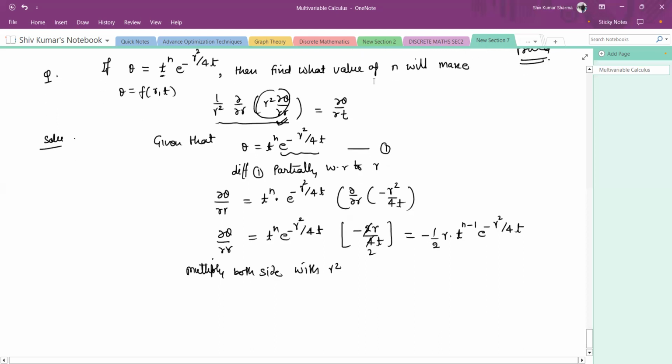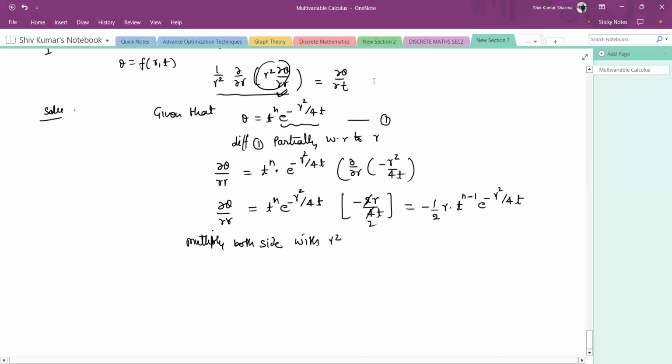When we multiply both sides with r square, this gives us r square del theta upon del r is equal to. Here we multiply the RHS also, so it gives us r raised to power 3, because we have one r here and we multiply by r square. So r raised to power 3 into t raised to the power n minus 1 e raised to the power minus r square upon 4t.